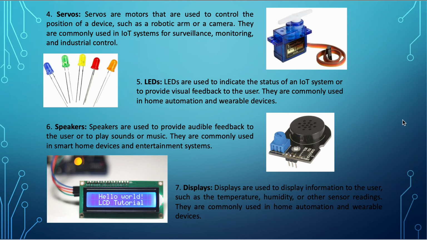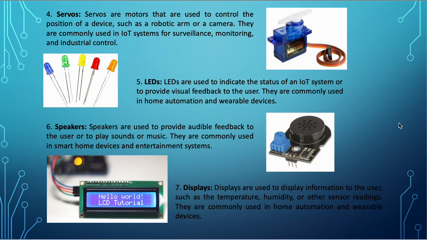So the displays, the screen, is a very, very important part of IoT. This is when we want to display information to human beings, to interact, when the IoT system or the IoT device interacts with human beings.